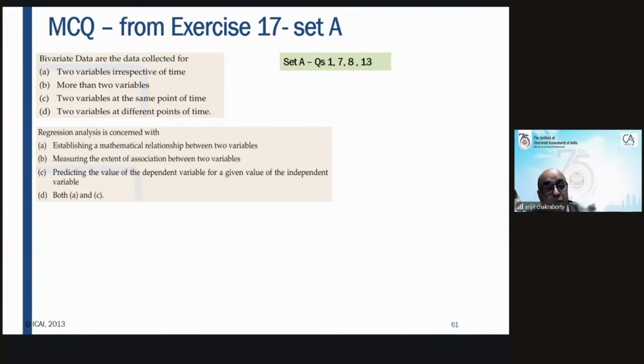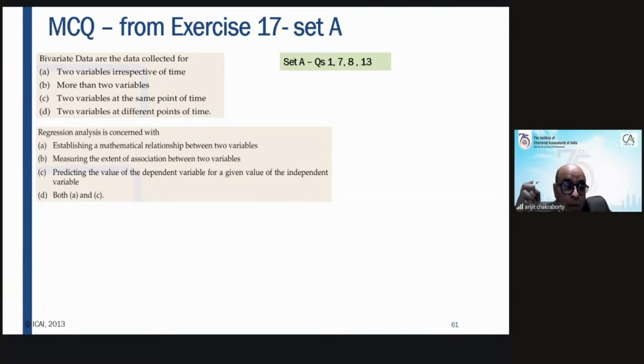Regression analysis is concerned with what? Please note, set A and set B both have many numerical questions, but that doesn't mean we ignore set A. We have to do both, and set A also has many important questions. Many questions of set B I have already covered, similar questions in the presentation which is given. Regression analysis is concerned with what? First of all, is it only establishing a mathematical relationship?